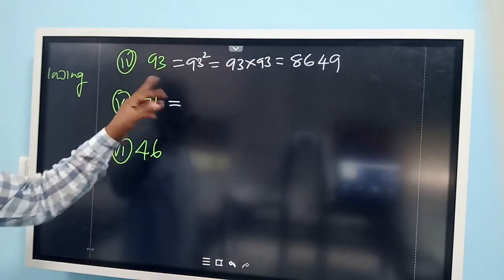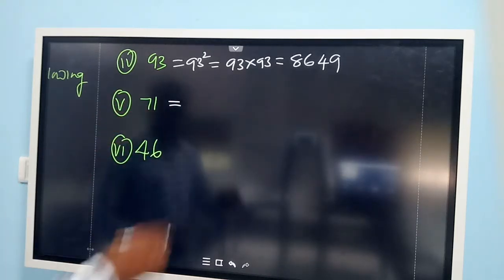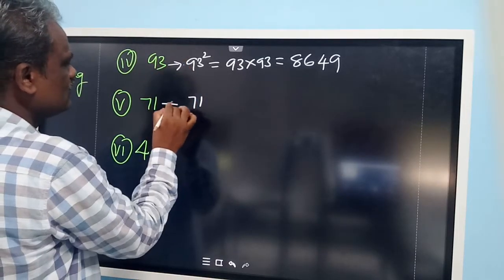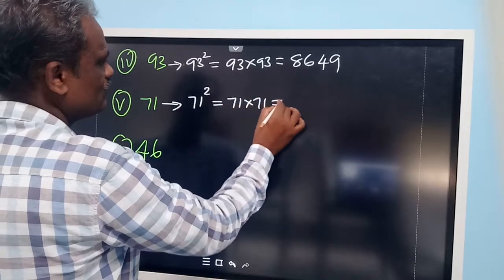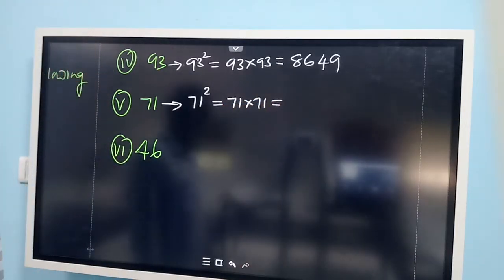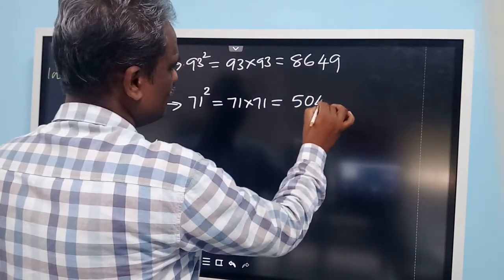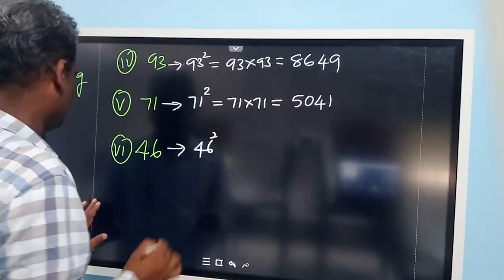So here the square of a number ending in 1 should end with 1 only. 71 squared, 71 into 71. What is the product of 71 into 71? 5,041.